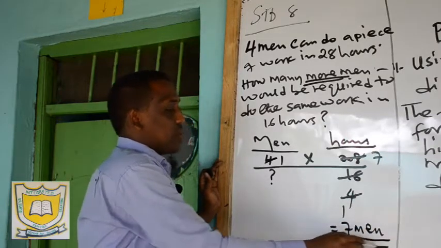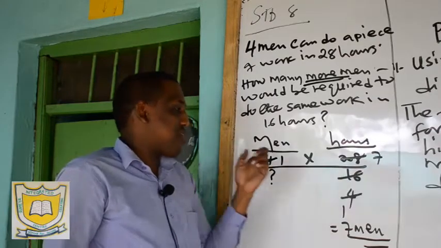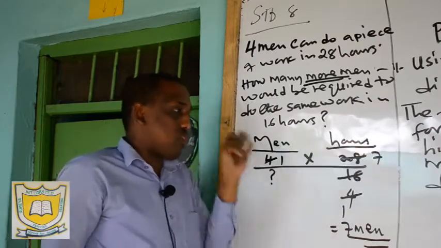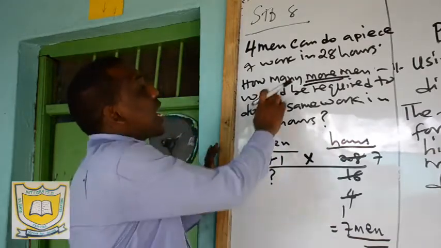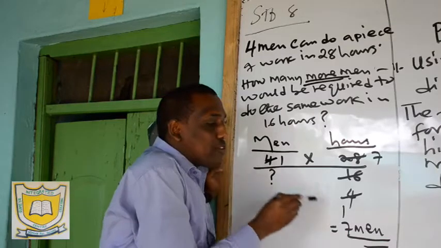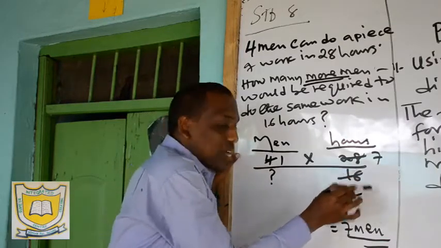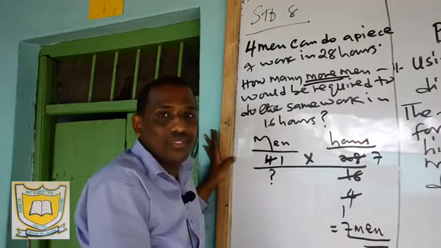So 7 men finished the work within 16 hours, and 4 men finished the work in 28 hours. But this is not the answer. The question is asking how many more men will be required. There were 4, and the number of men who finished the work within 16 hours were 7. How many more men were required now?